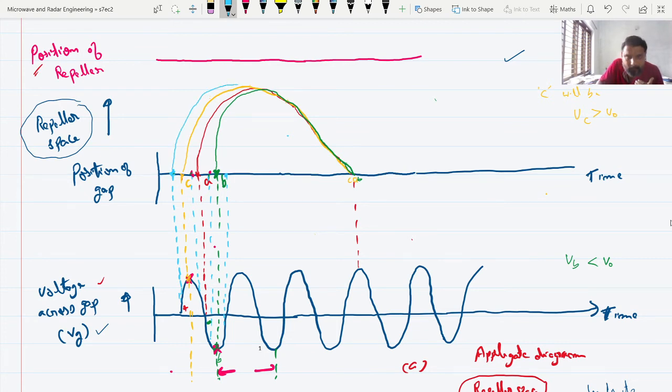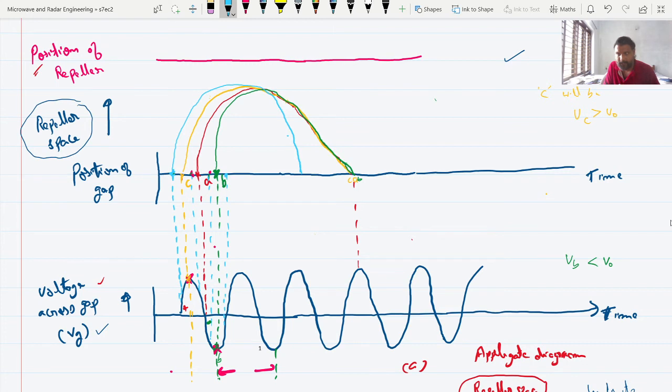Like this it comes. This is some other electron, A star, something like that, which passes through the gap.